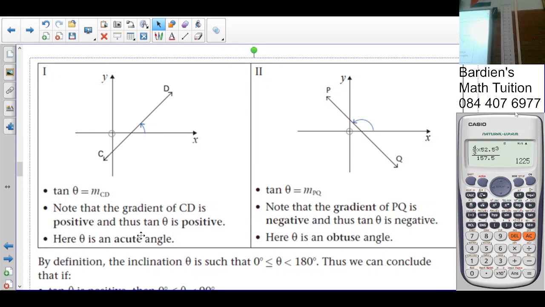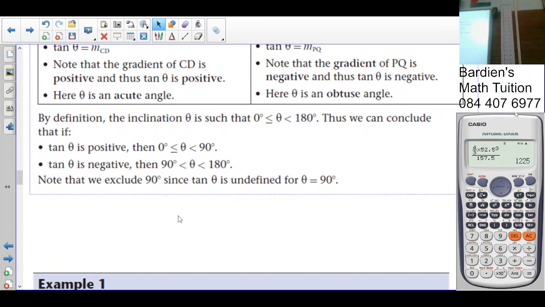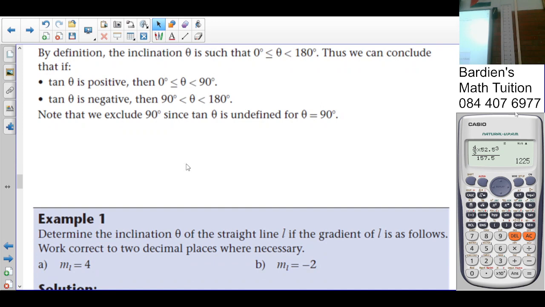Remember, if the gradient is positive, the angle is acute. If the gradient is negative, the angle is obtuse. By definition, the inclination theta is such that theta is greater than or equal to 0 but less than 180.